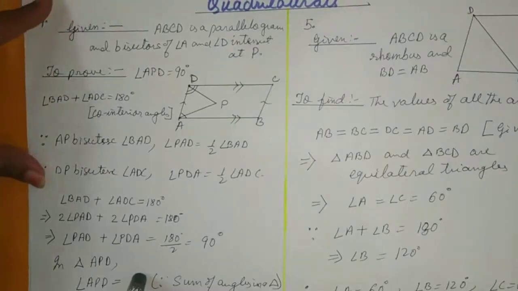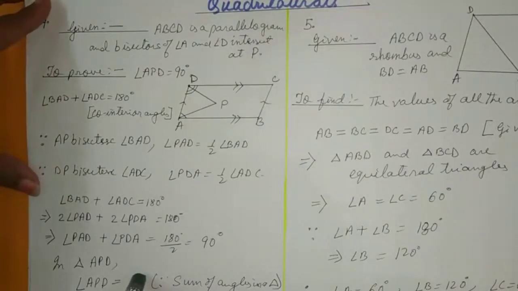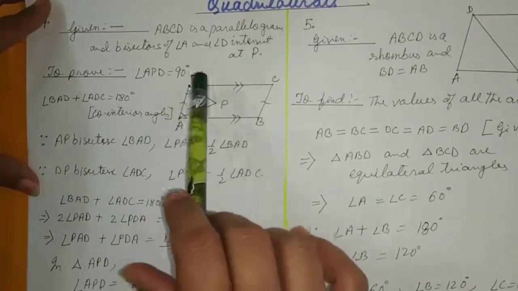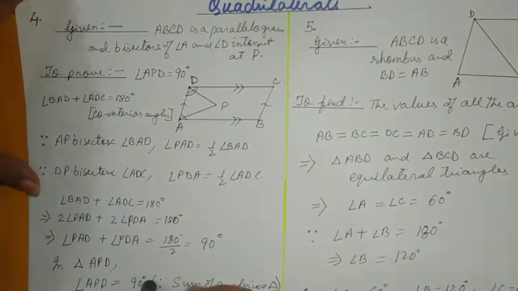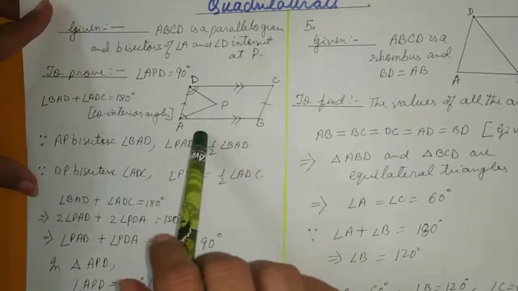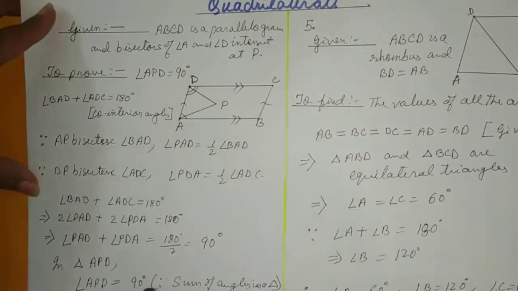Now we prove that angle BAD plus angle ADC is equal to 180. How do we prove it? The adjacent angles of a parallelogram are supplementary. Why?